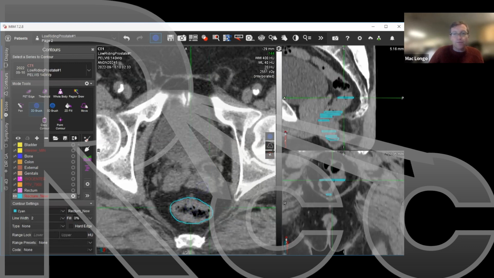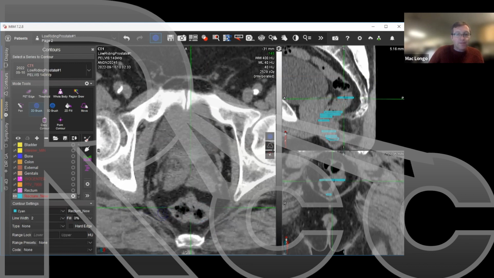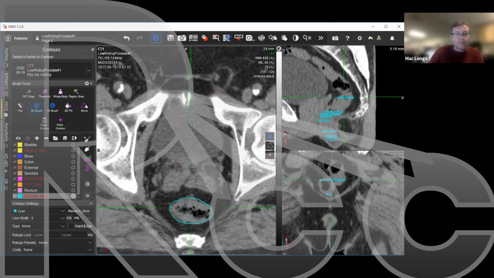It's also important to look at things in the sagittal perspective. We're at the level of the base of the prostate, by the seminal vesicles. That's the RTOG definition of where the rectum ends.